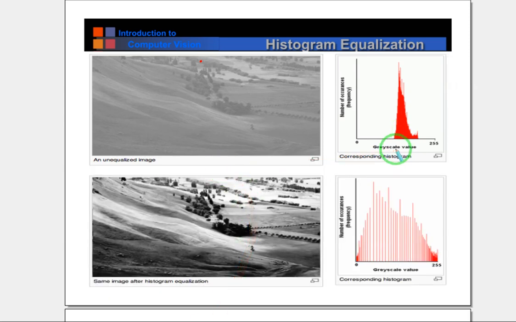Now you can see the difference between the two images. This was the unequalized image. In the unequalized image, the number of levels was reduced and the graph is not clear. But in this picture it's a bit clearer. If you look at this area, it looks dark, this area looks white, this is two dots, this is white again.